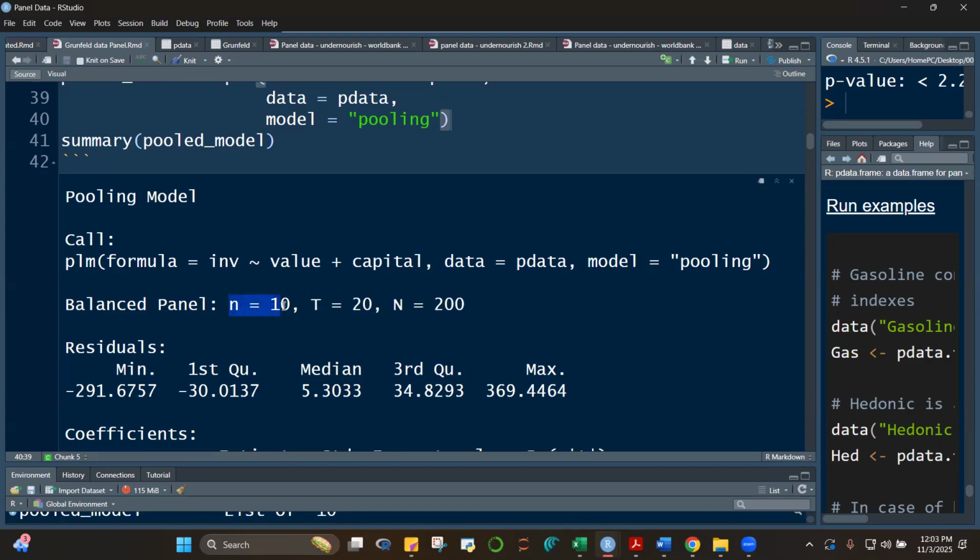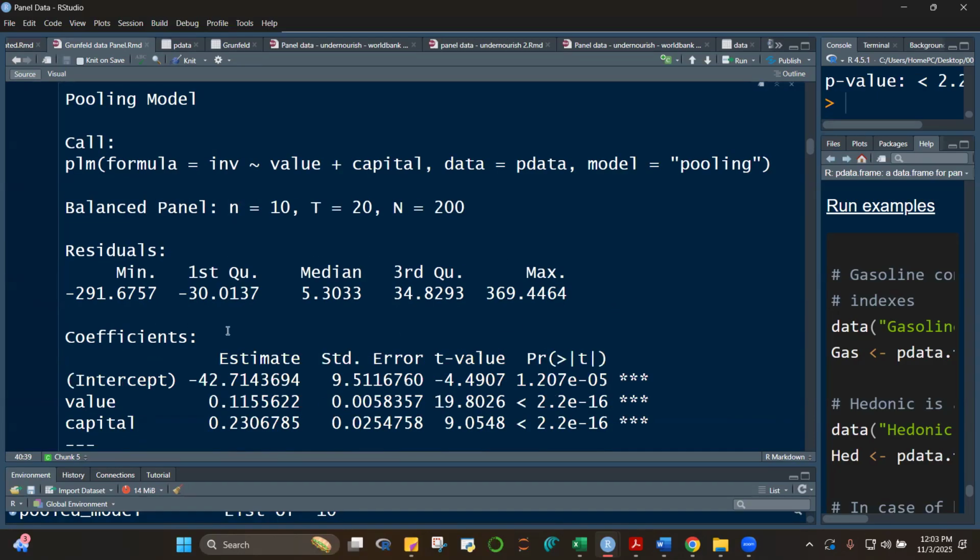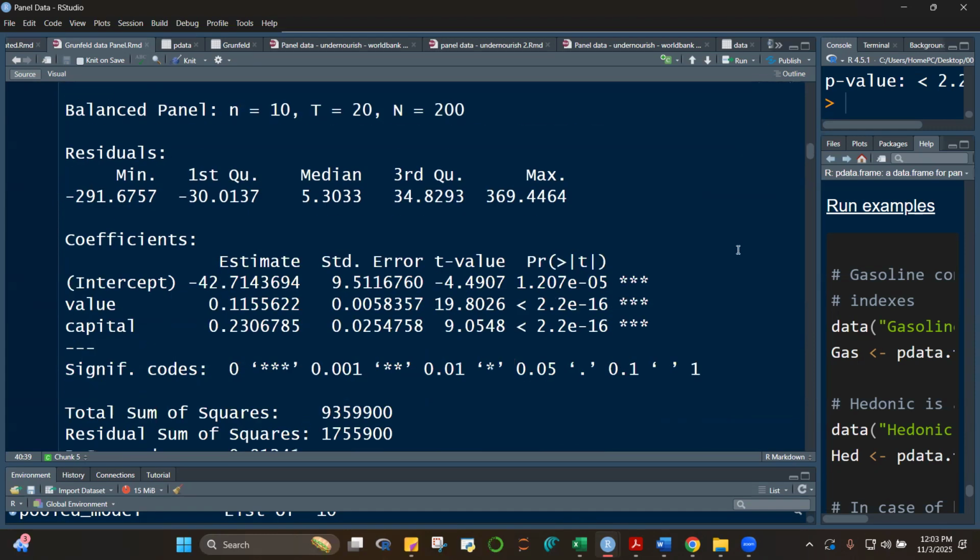So small n is the number of units, 10 units. T is the number of periods, so 20 years, and then big N is equal to 200. So that's small n times T, that's big N, number of observations, okay? And it's a panel data. Okay, then we have here the residuals, minimum and then maximum, and then this is our model, class.